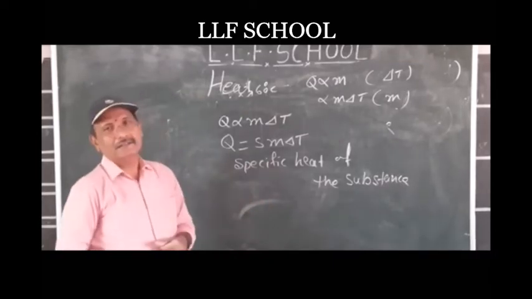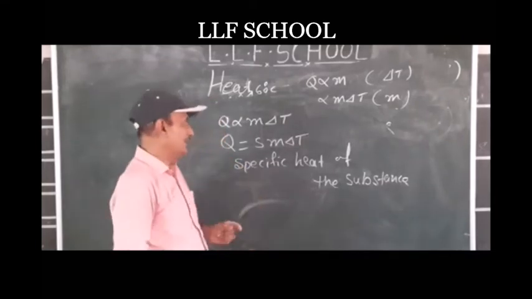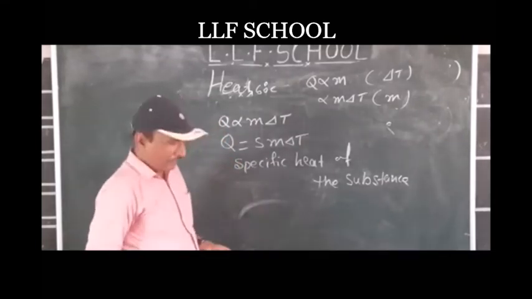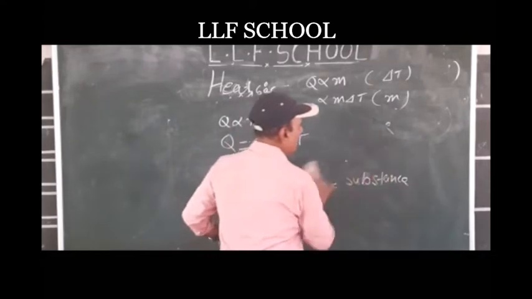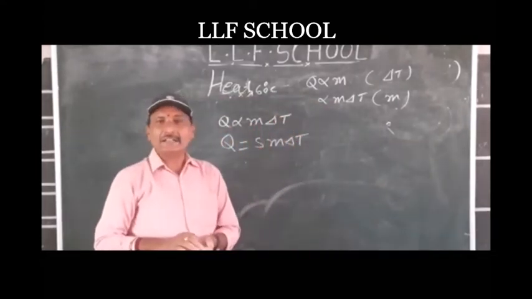S is defined as the amount of heat required to raise the unit mass of a substance by 1 degree centigrade, and it is called the specific heat of the substance.